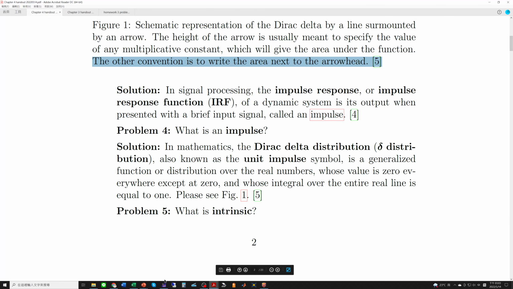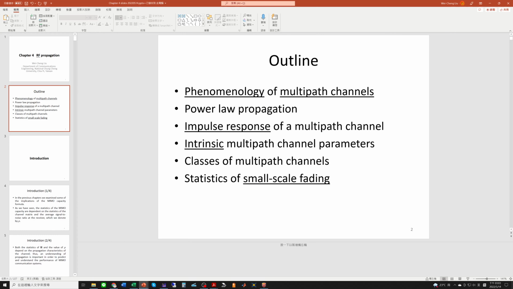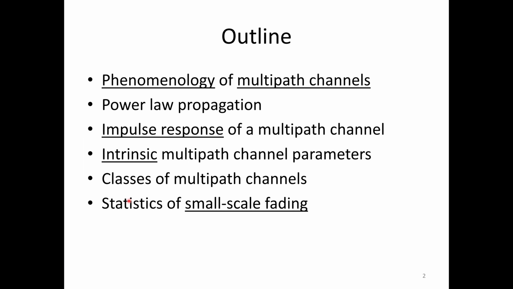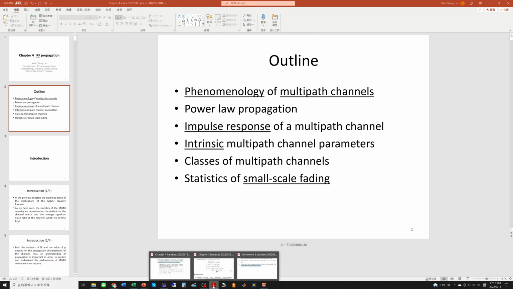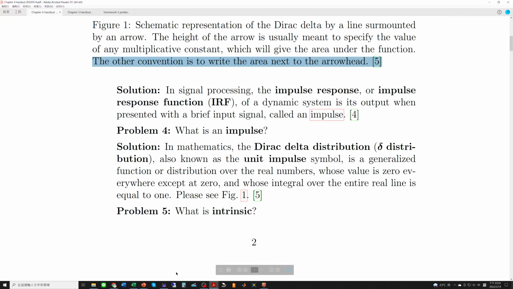Let us go back to the slides. First we will introduce intrinsic multipath channel parameters. What is intrinsic? Let us see the handout again. Problem 5.